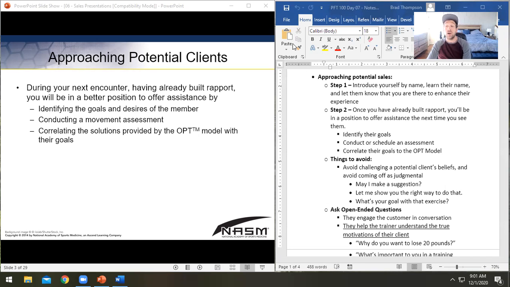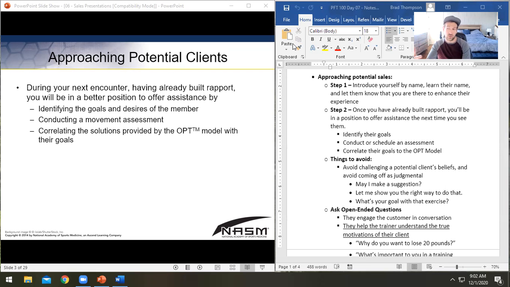But I can't do that unless that person works with me. So that's really what I'm trying to get at the end of the day. I'm really trying to convince someone to hire me, because I know that I'm going to give them a better experience than they're going to get on their own. And this person's going to be healthier and happier in the end.